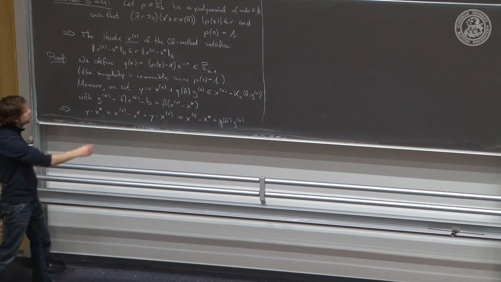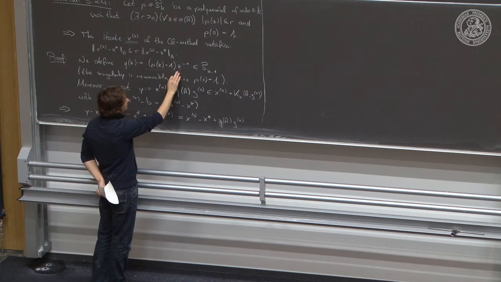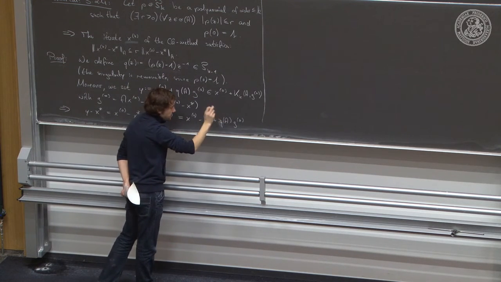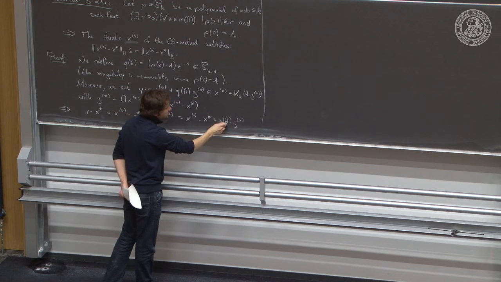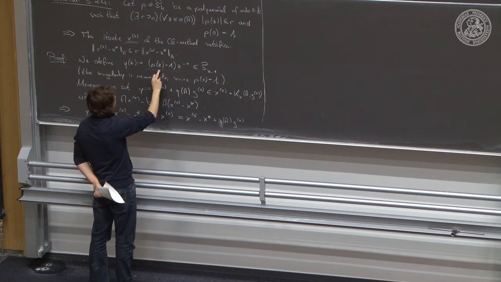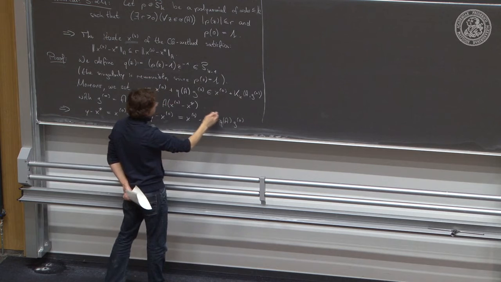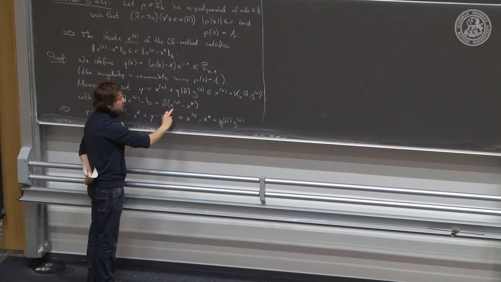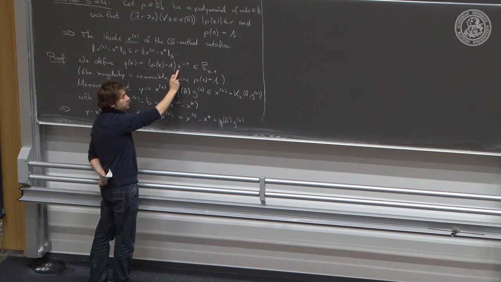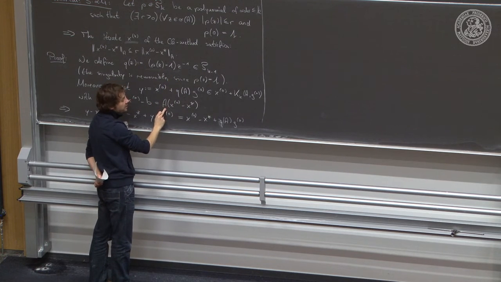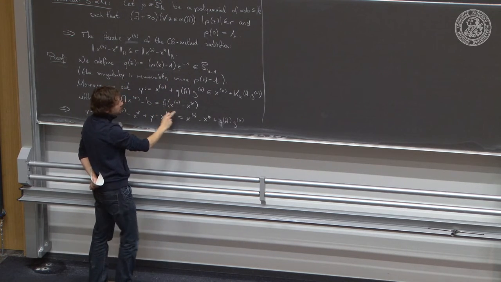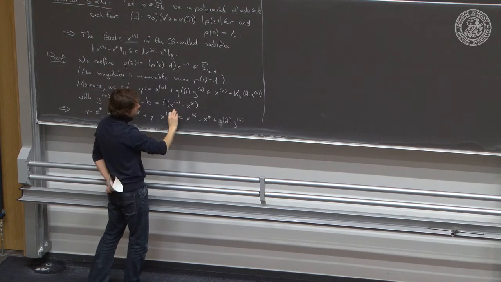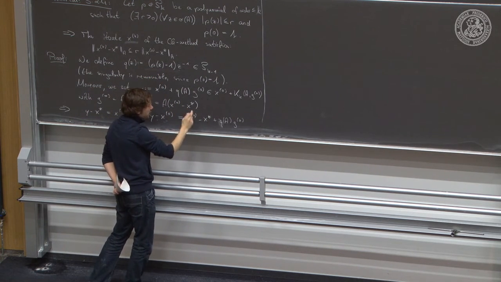Well, but what was q? q was this guy here, this polynomial. And we evaluated somehow, we insert this matrix A in this polynomial. But g0 is nothing but the matrix A applied on this guy. So this inverse of A and this matrix A cancel. So this guy here is nothing other than p of A minus 1 of x0 minus x star.